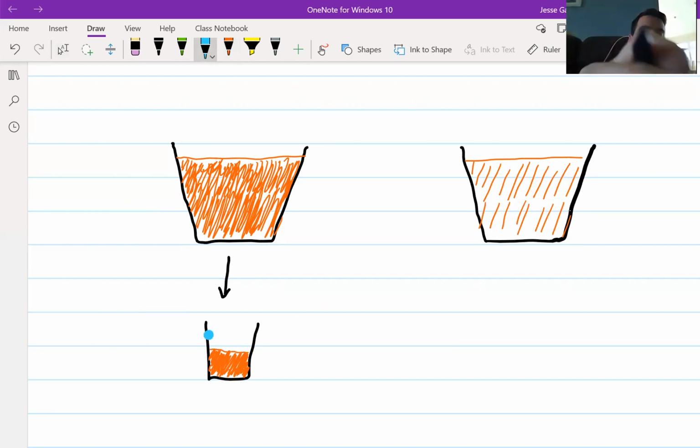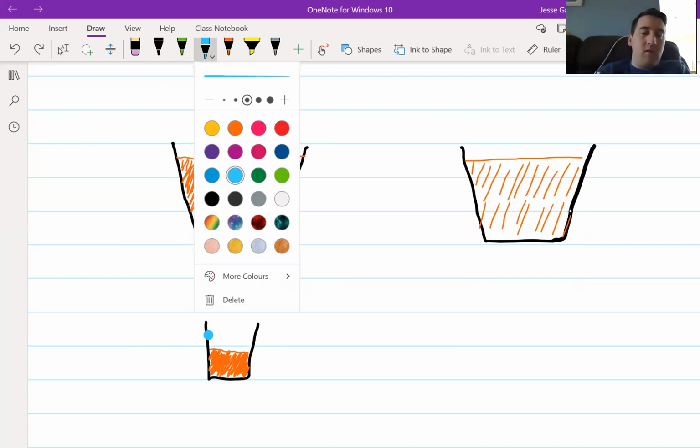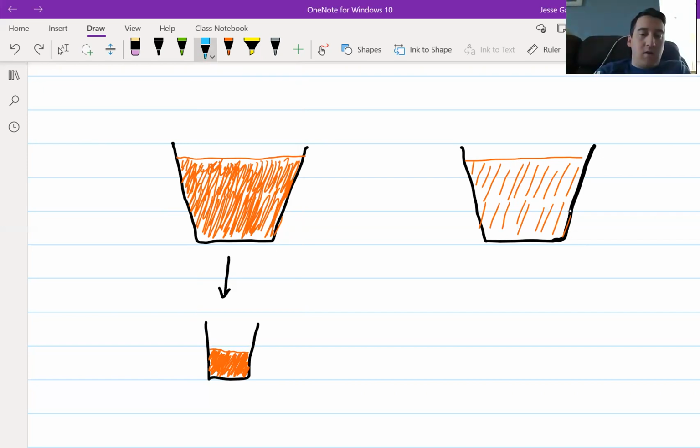Sorry, I need to fix that marker. It's way too thick. Okay, so to this, you added a little bit of water. So you added quite a lot of the original maiwadi from the bottle, what we call the concentrated maiwadi, for a reasonably small amount of water.